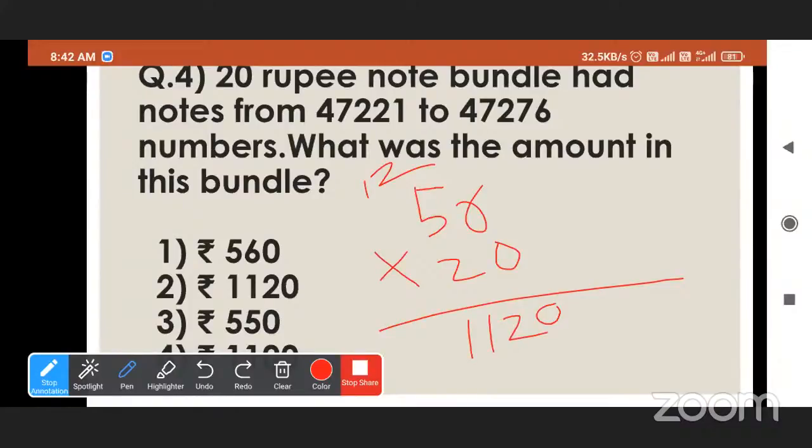So which option is right? Yes, second one is right answer. So the total amount in the bundle is rupees 1,120.